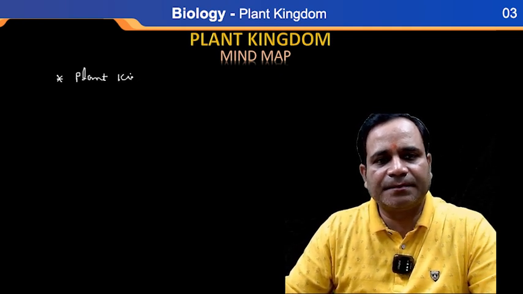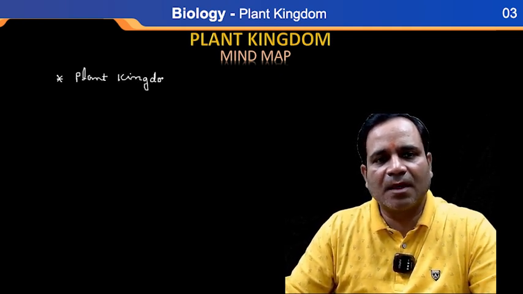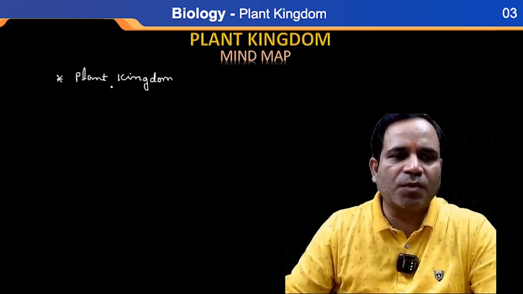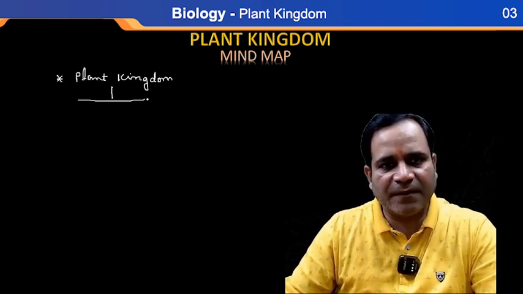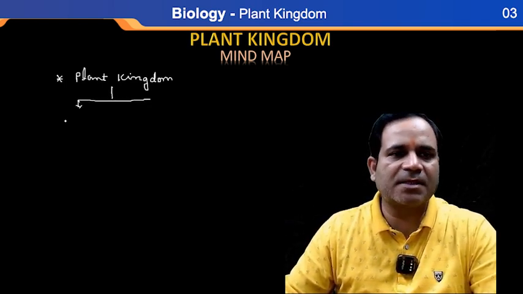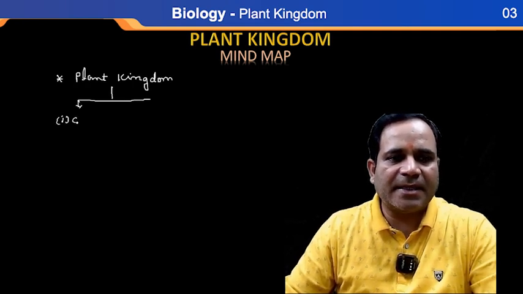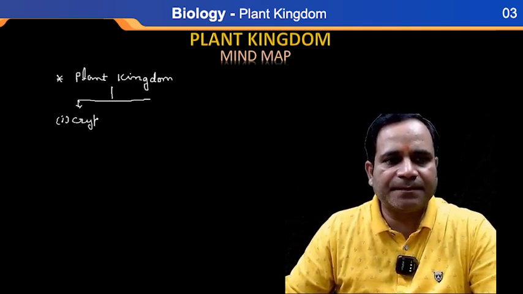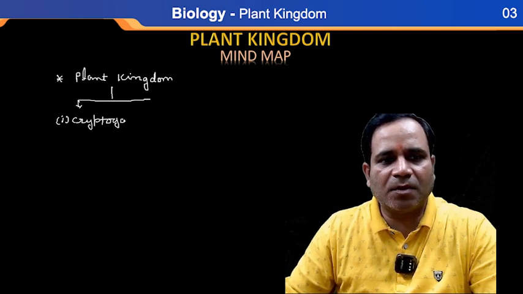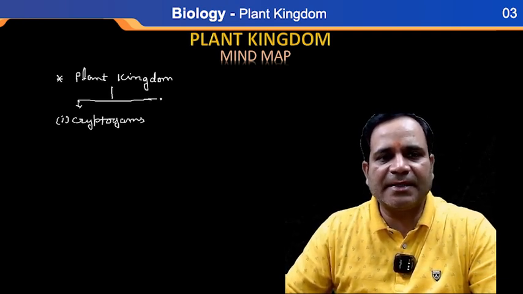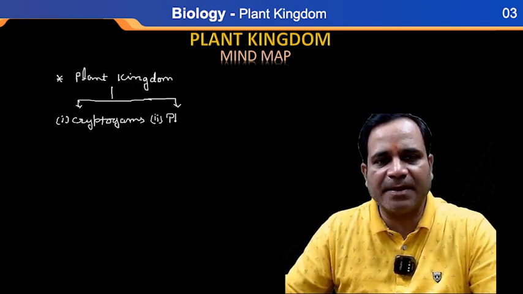Here I'm going to write plant kingdom. The plant kingdom is classified into two parts, my dear. Number one is cryptogams, and the second one is phanerogams. See how the mind map is given there.